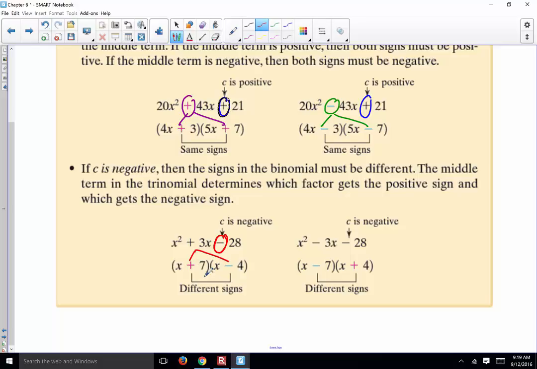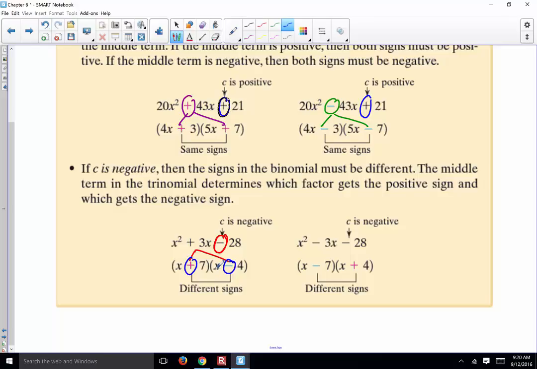So you need to try, FOIL it, and see which one needs to be positive and which one negative. But what we know for sure is, yeah, they are different signs. But I don't know which one is big, positive, the big number or small number. You need to try this out, test it out, because it's completely unknown.